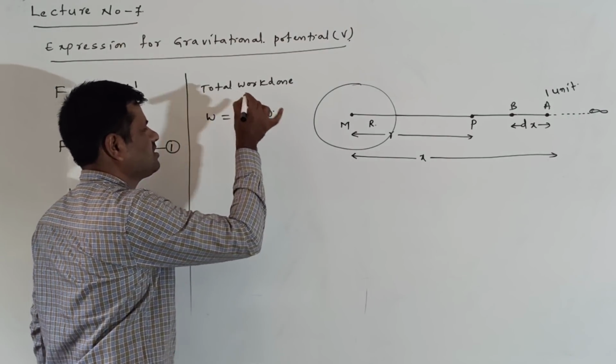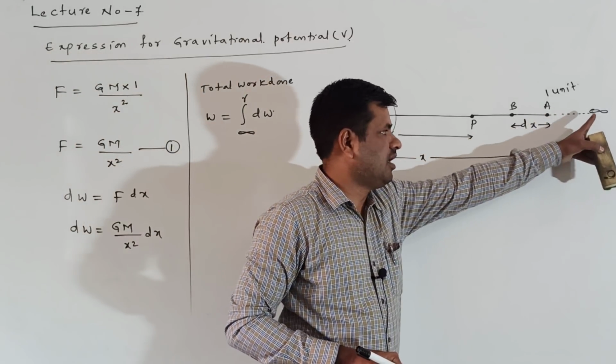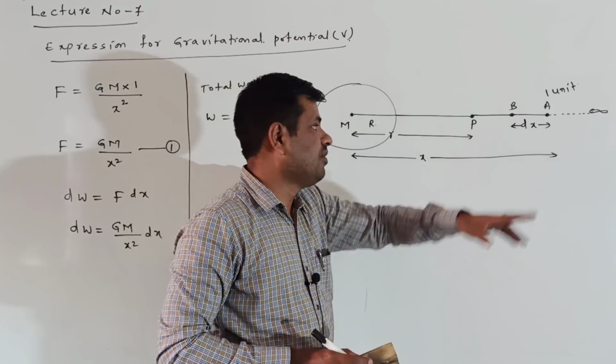P point is at distance r from the center of the earth. So we are bringing a body of unit mass.